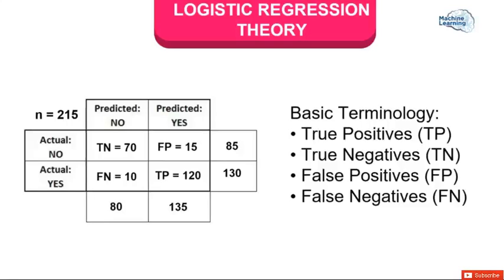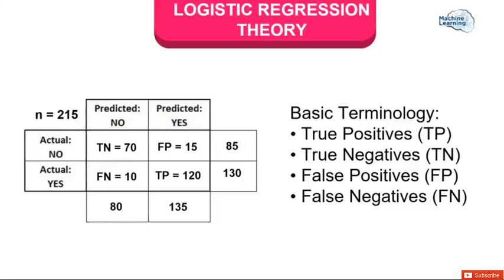In this case, you can find it here in the bottom quadrant where TP is equal to 120. True negatives are cases where we predict no illness, and they actually don't have any illness. That's why it's up here in the upper left-hand corner, TN, and that's equal to 70.